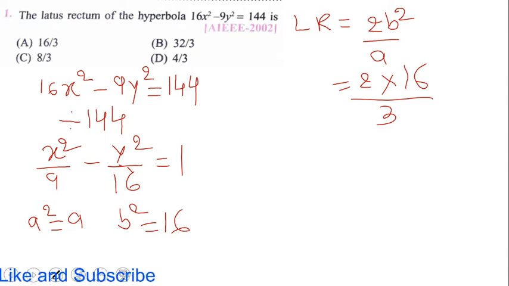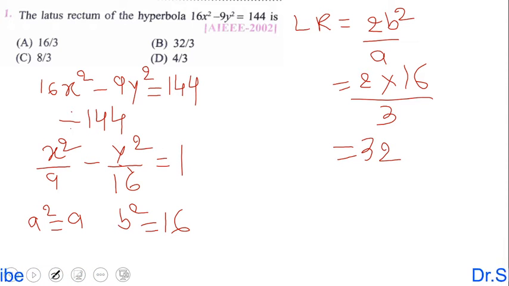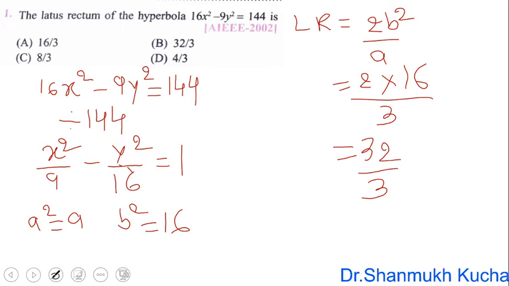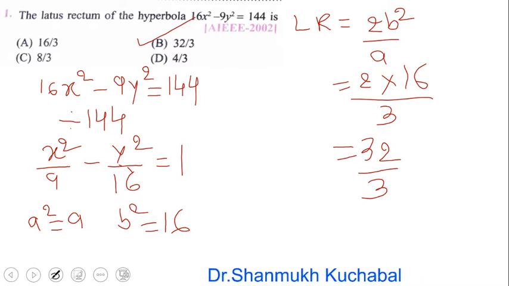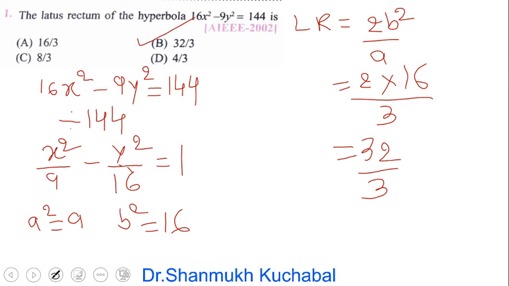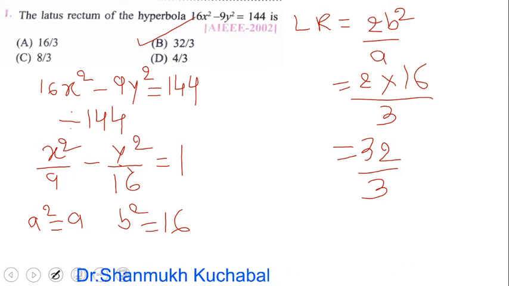So we simplify this: the numerator simplification is 32 divided by 3. Therefore clearly option B is the right answer, 32 divided by 3 here. See, answers are sometimes very near. Carefully we have to see it and take the correct answer. Okay, we'll move to our next example.